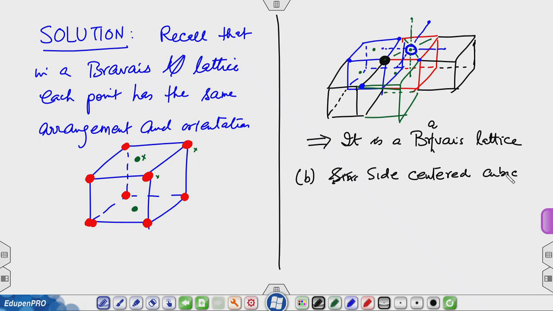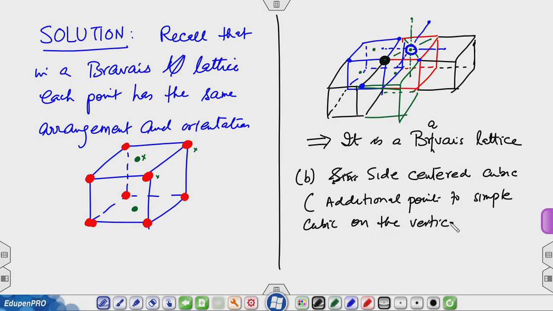And what that means is that there are additional points to simple cubic on the vertical faces.